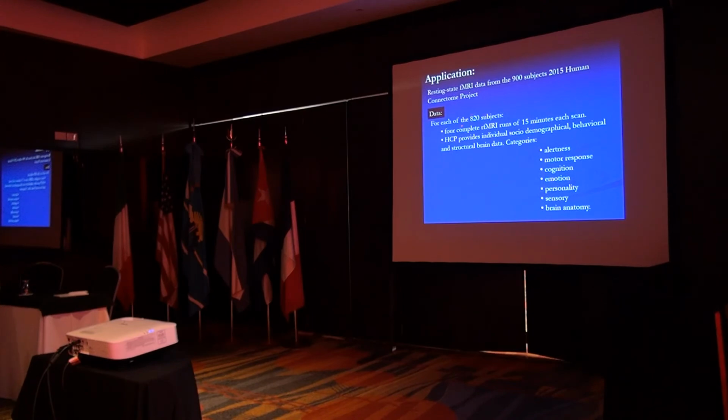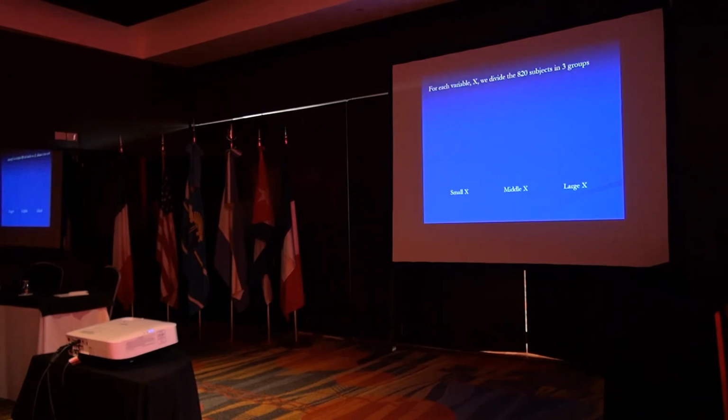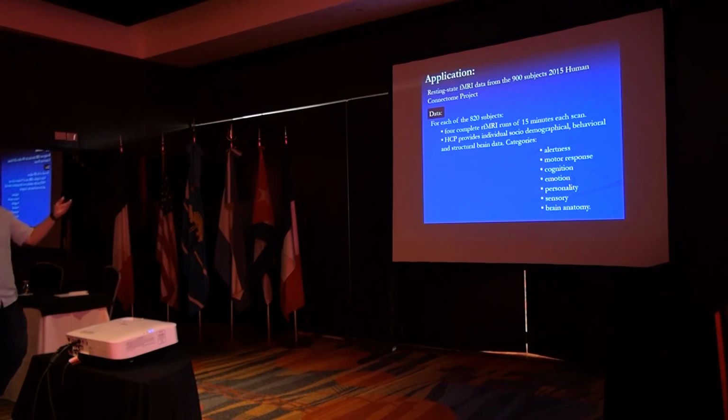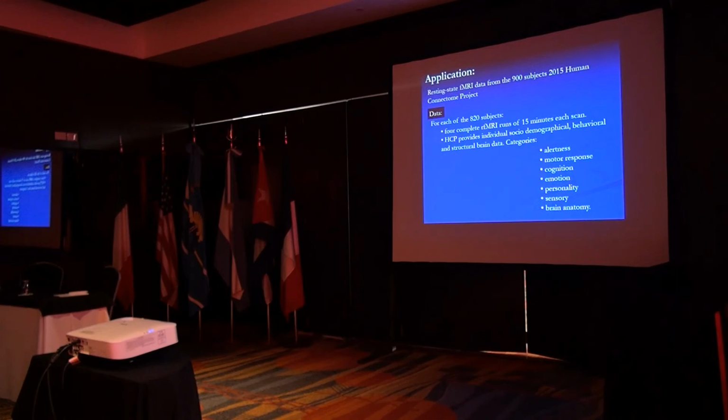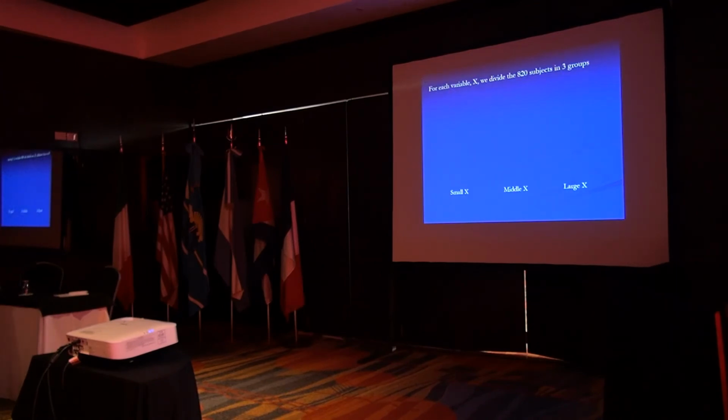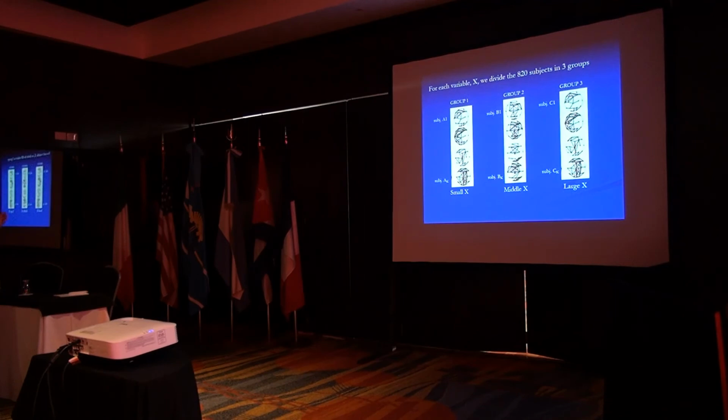So we have brain networks, and also we have some additional data, a vector, let's say. In principle, we have only one group of 820 networks, and what we are going to do is divide the subjects by whether some of the variables are small, middle, or large. We are going to do this with all of the variables.